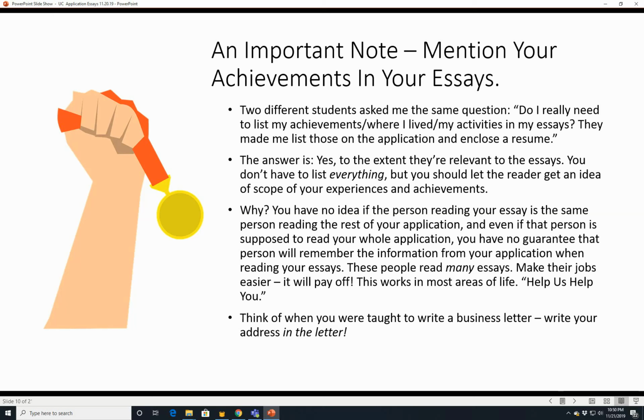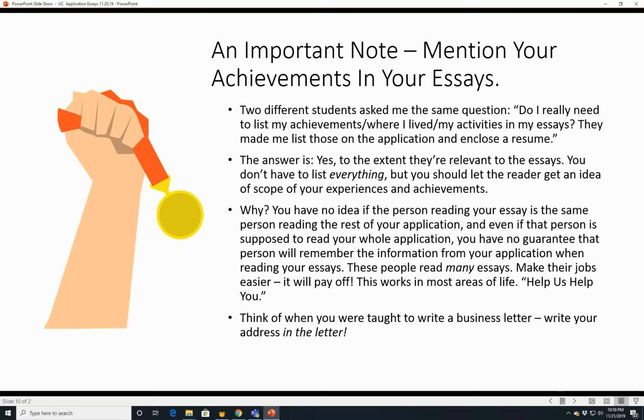I became the tech person who ran the lights, etc. So you want to make these people's jobs easier. It will pay off. This works in most areas of life. Basically, you must have heard someone say, help us help you. Help the essay reader help you by making everything easy for them to access, so they know who you are.